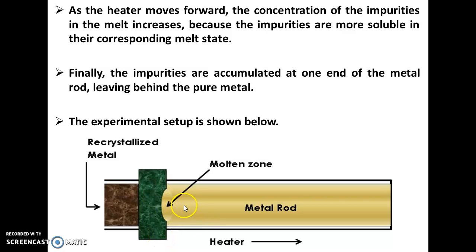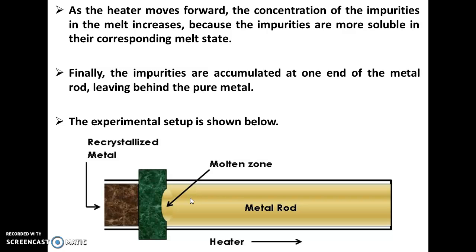So this is a metal rod, and here it will be molten. As we have discussed earlier, there will be a difference in the solubility of the substances. The impurities have more solubility in the molten state, so that they can be easily separated out by this zone refining technique.